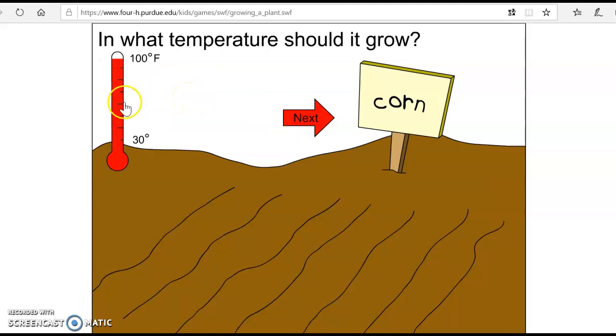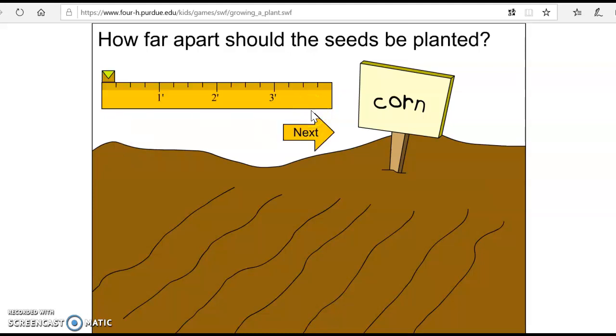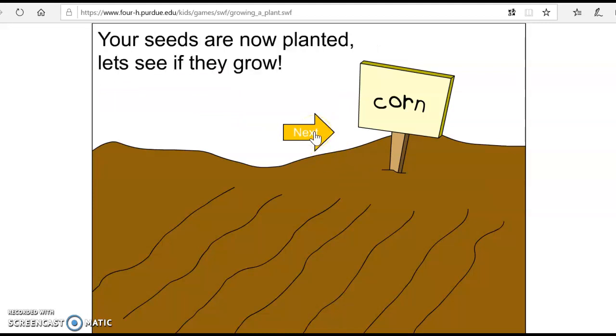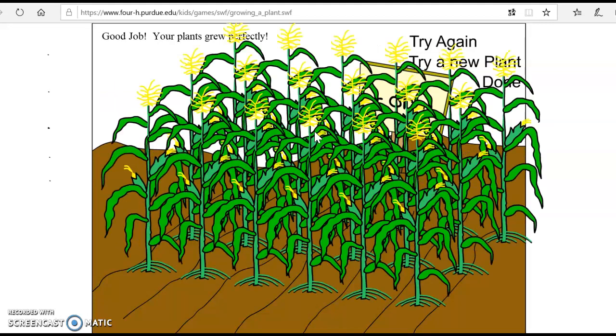Again, I think corn grows between 60 and 70 degrees Fahrenheit. And how far apart should my corn stalks be? I'm going to say about 2 feet apart. And let's see if our corn grows successfully. Good job! Your plants grew perfectly.